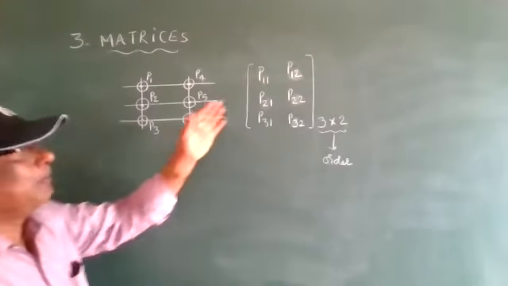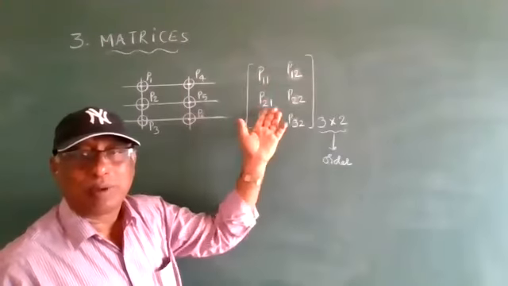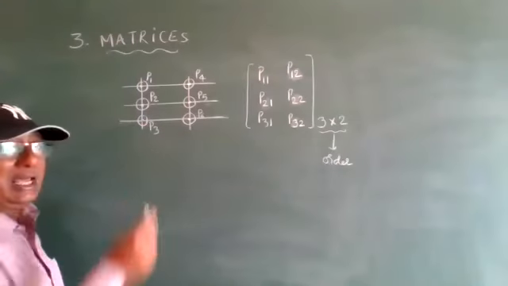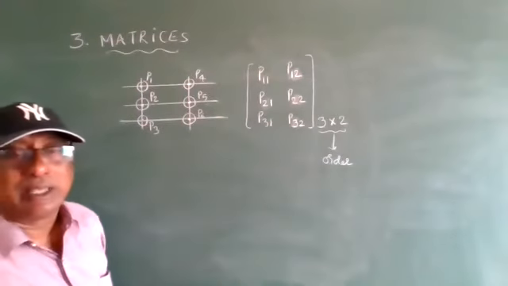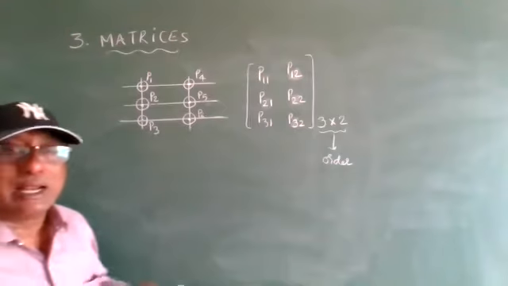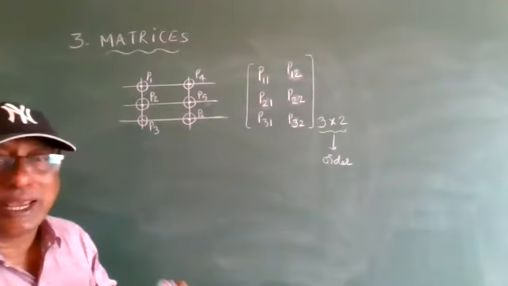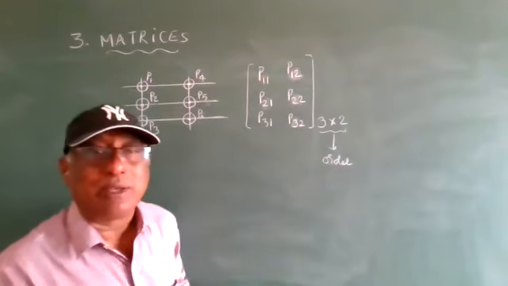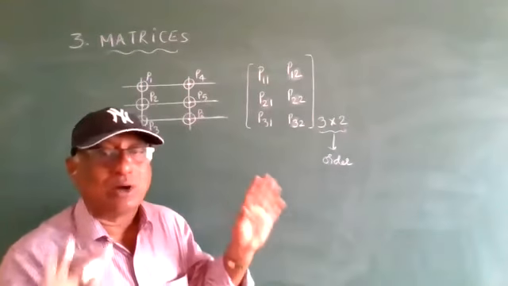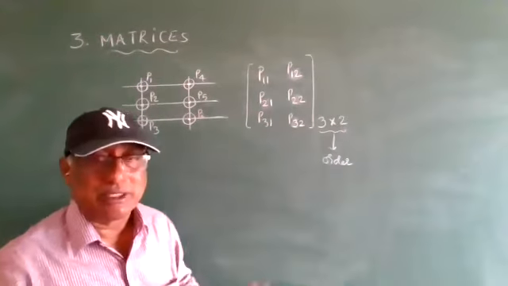What are P11, P12, P13? They are real numbers. The points of intersection are real numbers. Okay? Therefore, real numbers arranged in a rectangular form in a closed bracket or square bracket are called matrices. This point is clear?